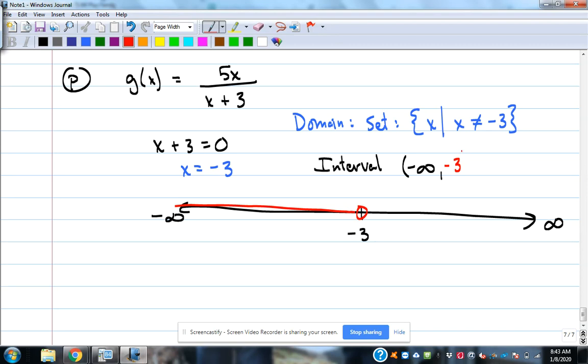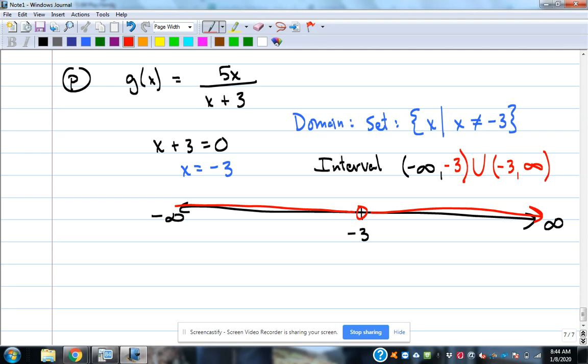And then put another parenthesis, and then a U for union, because union joins two sets together. And then we're going to start right after negative 3 and go on up to positive infinity. So negative 3, positive infinity. Okay. That is how you skip a number in interval notation.